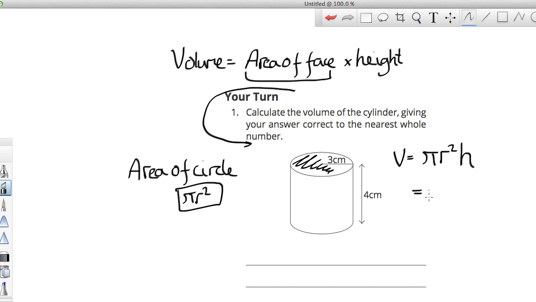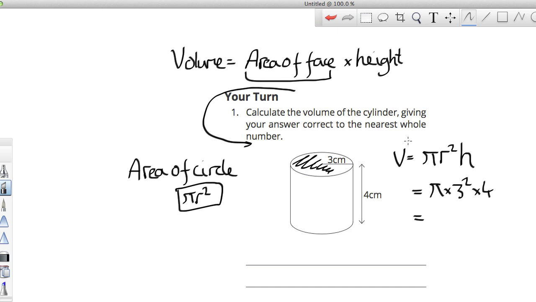So we have pi, that's 3.14 if you're just typing it in without using a button, times radius. The radius is half of a diameter, so it's from the centre of the circle out to the edge. So we have 3 squared, and then we times that by 4. If you've got a diameter, you'd have to half it in order to get the radius.